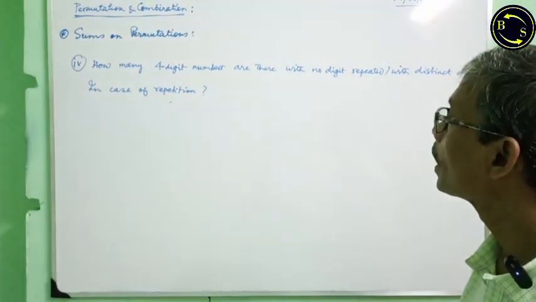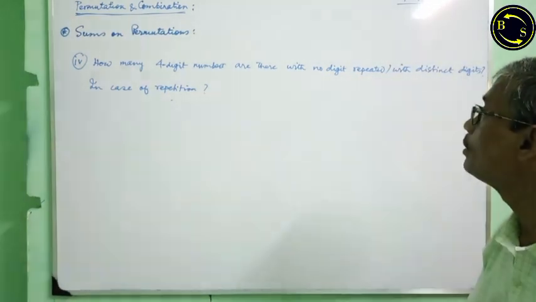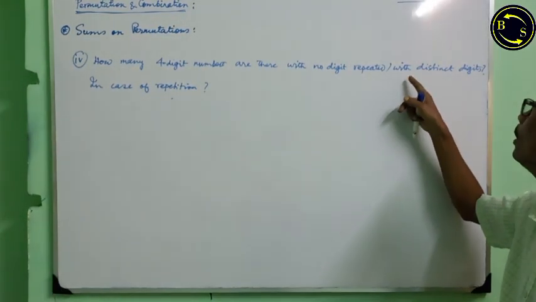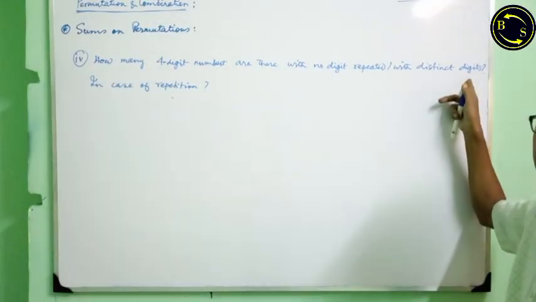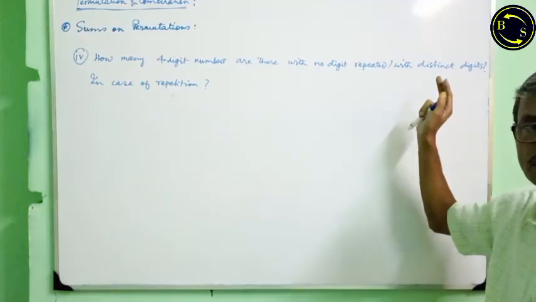Next problem. How many 4-digit numbers are there with no digit repeated, or with distinct digits? That means repetition is not allowed. First I solve this one.